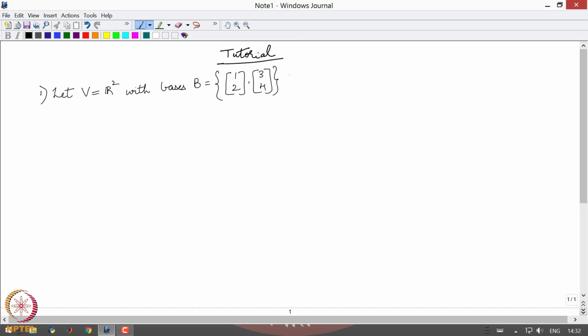B, which is vectors (1, 2) and (3, 4), and C, which has vectors (3, 2) and (4, 2), and let small v be a vector (2, 2) as per the standard basis.